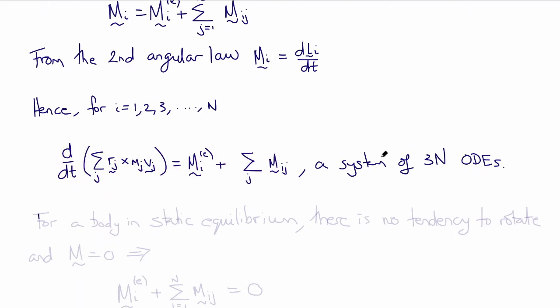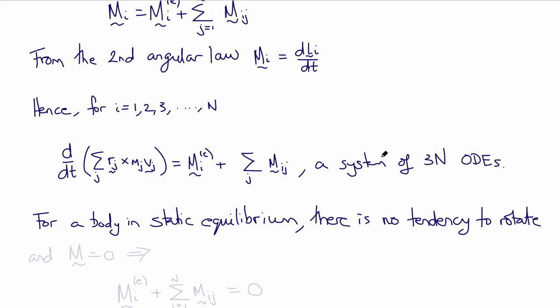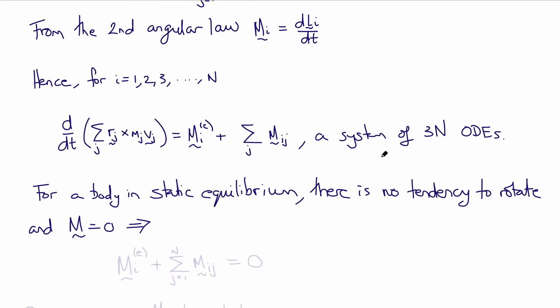Now, as we did for linear static equilibrium, for a body in static equilibrium, there is no tendency to rotate, and therefore the moment M is 0, which gives us that Mi external plus the sum from j equals 1 to n of Mij must equal 0.